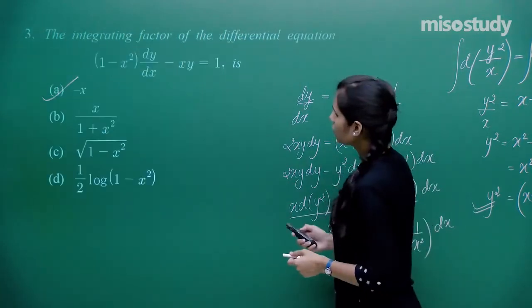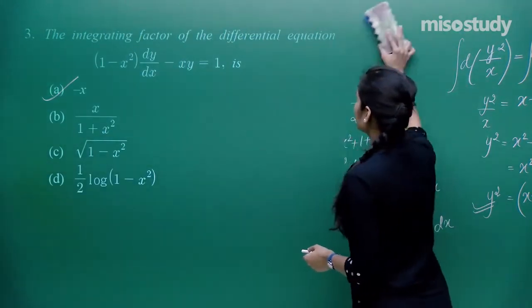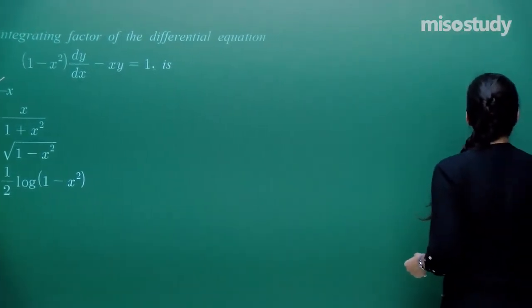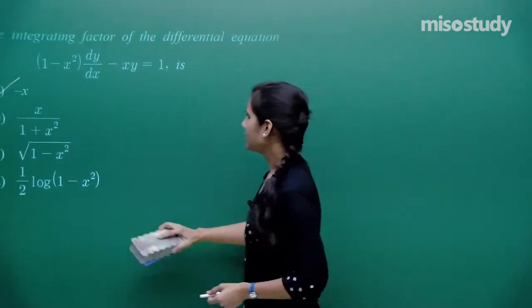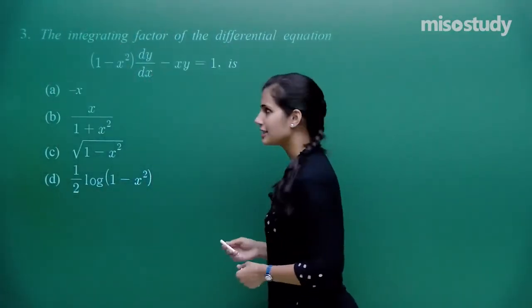Next question says what? It is asking you to compute the integrating factor of this differential equation. Let's do that. So obviously this is a linear differential equation, and that is why the question is asking us to get the integrating factor.